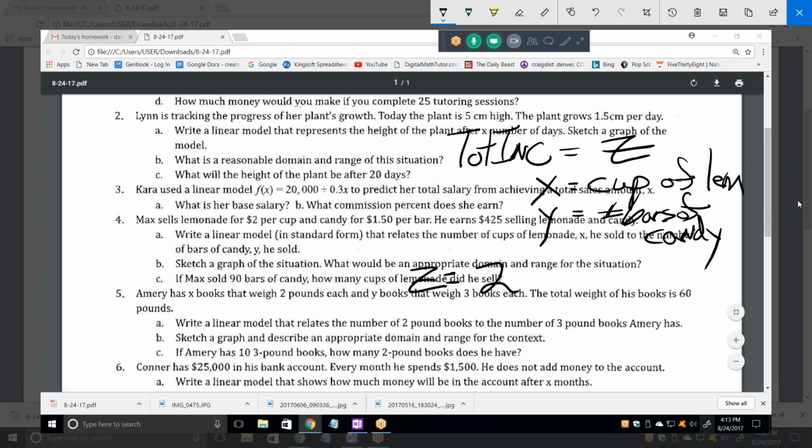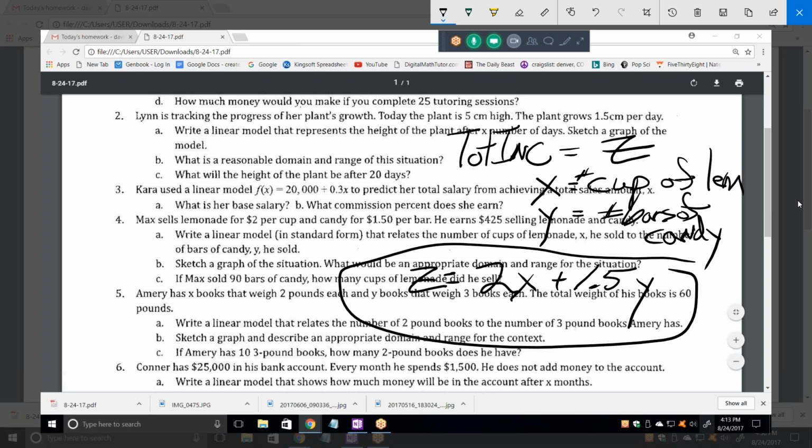It's going to be 2 times what? So that's 2 times X. In other words, you make $2 for every cup of lemonade. X is the number of cups of lemonade. Plus what? How much do you make on a candy bar? $1.50 for every one you sell. There's your equation.